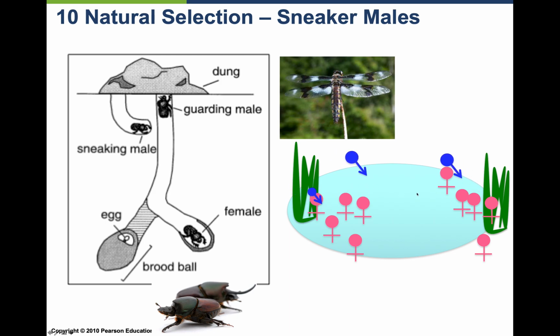What's really fascinating is that while these two males are doing battle with each other over their females or over the territories or whatever it may be, watch what the sneaker male does. The sneaker male sneaks out and services all the females in this individual's territory, thus passing on his genetics right under the nose of this individual. So this sneaker male's genetics are sticking around. And I think that's pretty cool.